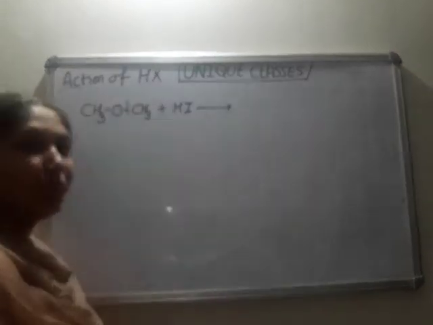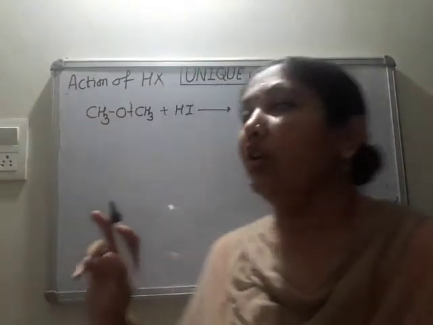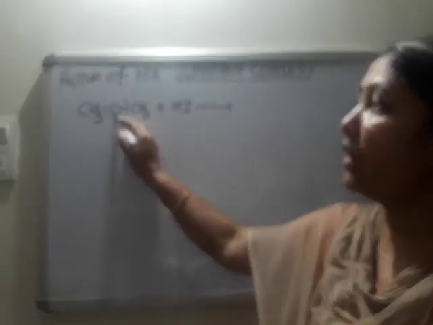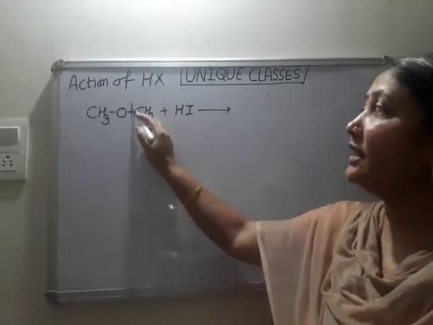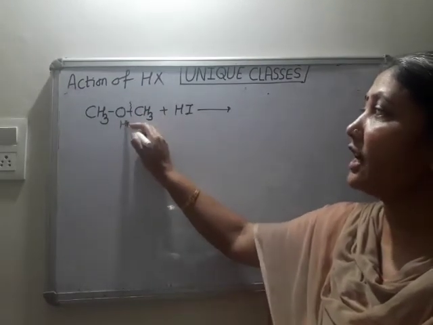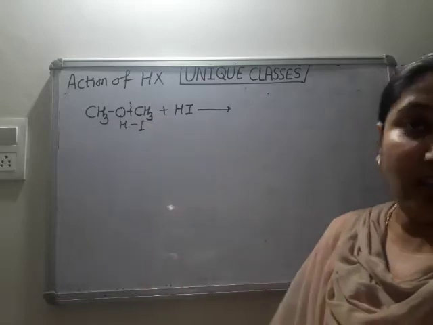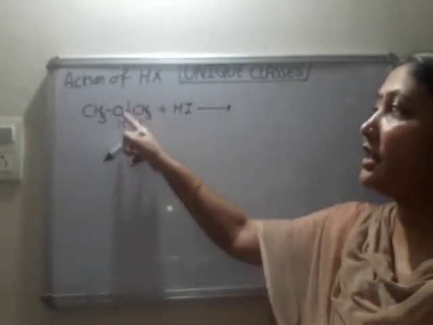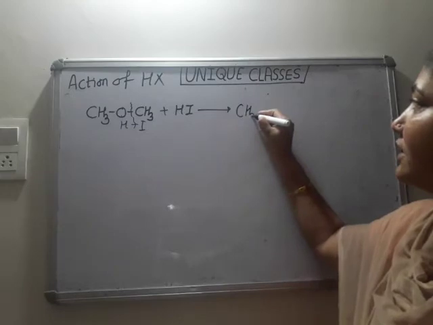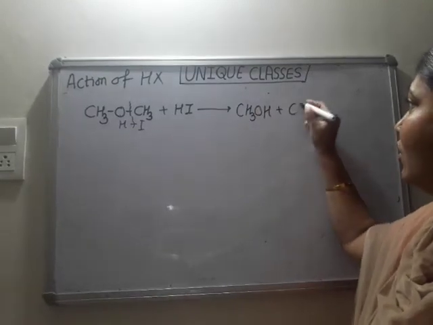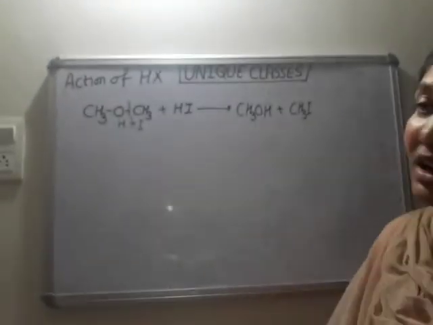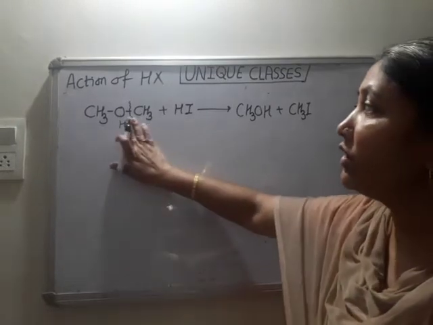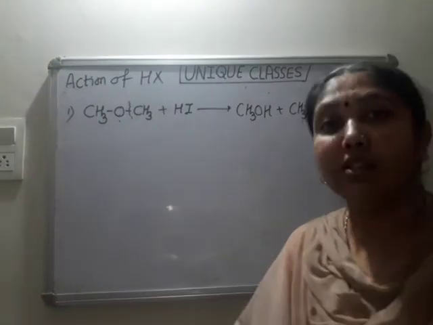We can break this bond. If we break this bond, what do we get? CH3OH and this CH3. So HI is added across this in this way. So we get CH3OH and CH3I. This is the first condition, with simple ether.